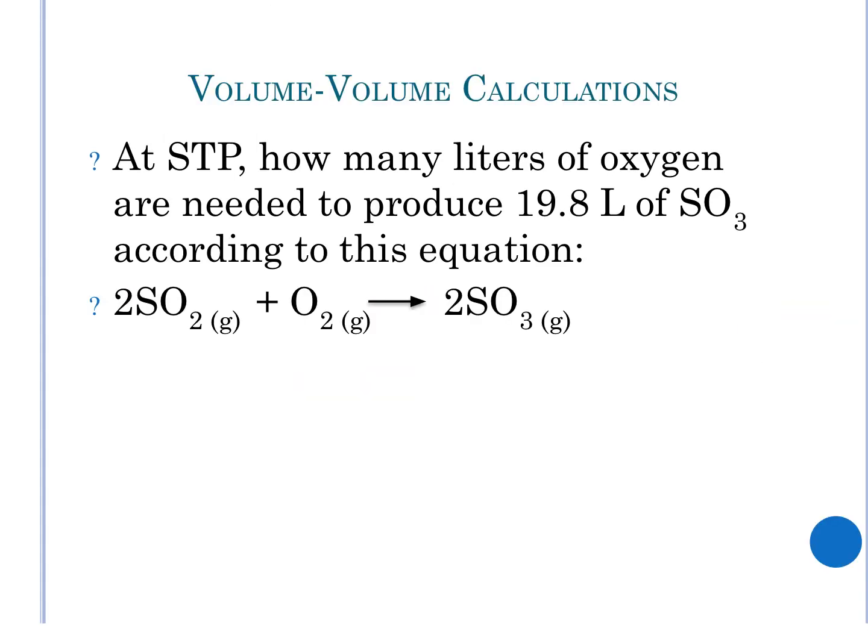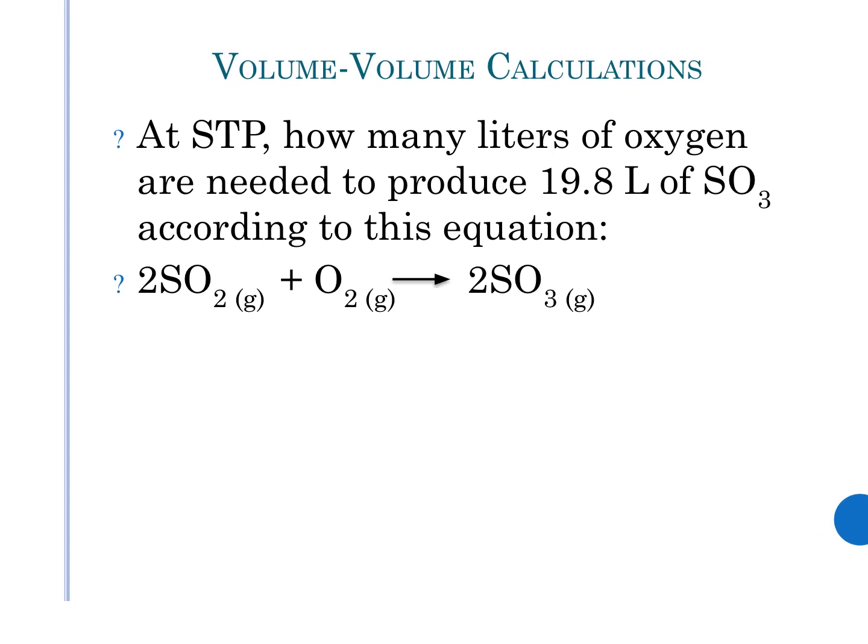Okay, we're going to do a volume to volume calculation. So this time at STP, how many liters of oxygen are needed to produce 19.8 liters of sulfur trioxide? Okay, so the same thing that we've always been doing. What number is given to you in the word problem? 19.8.